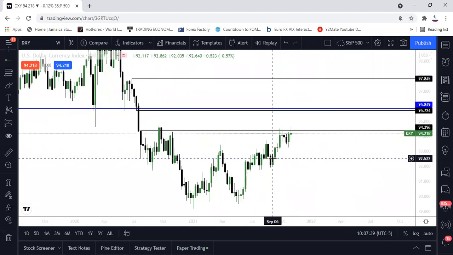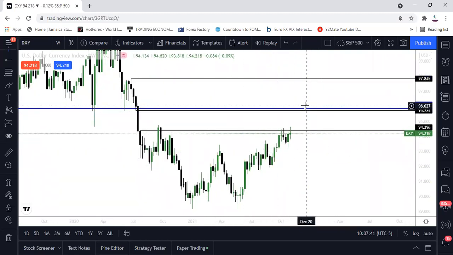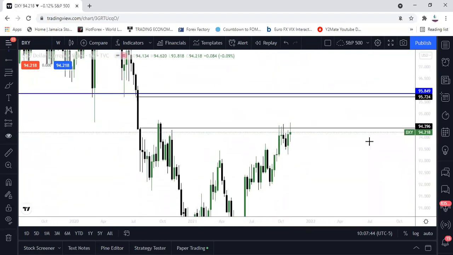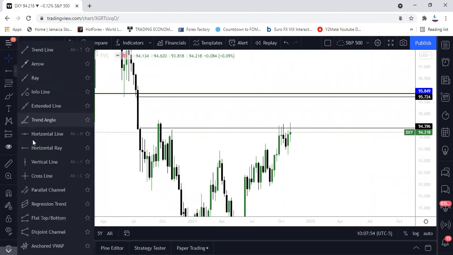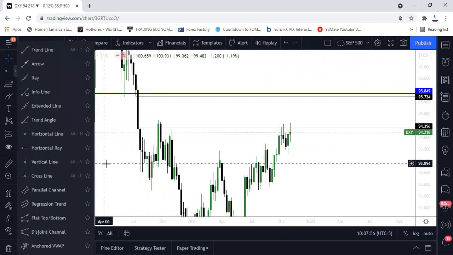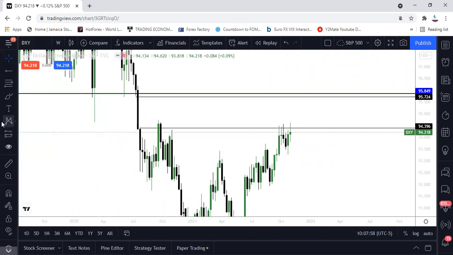But from a weekly perspective, there's nothing else worth noting, except maybe this order block here. You get the shapes again here. Trying to find, I think it's this.